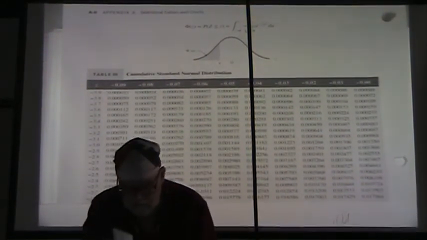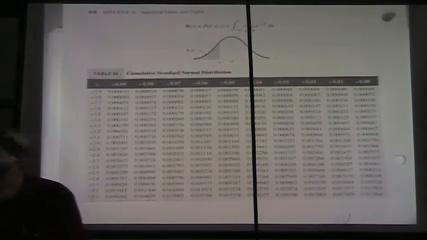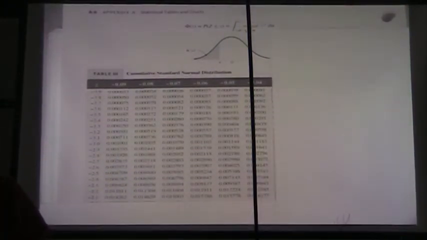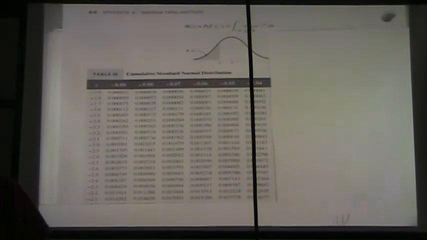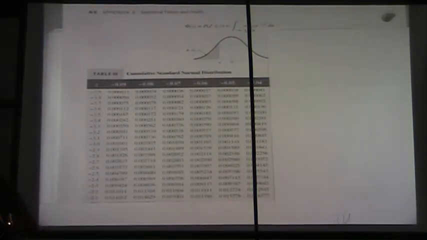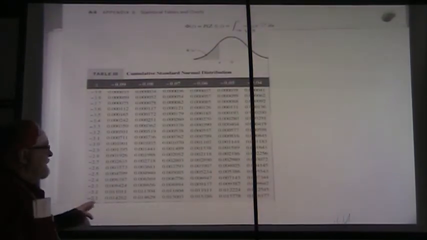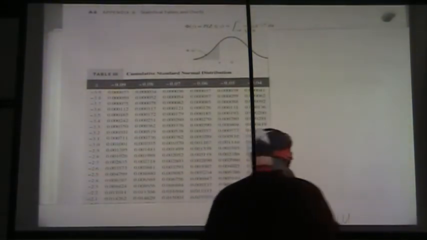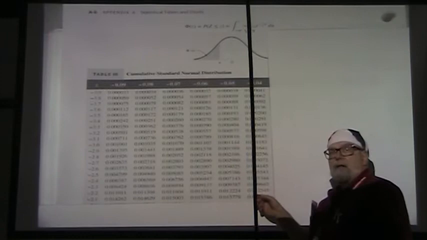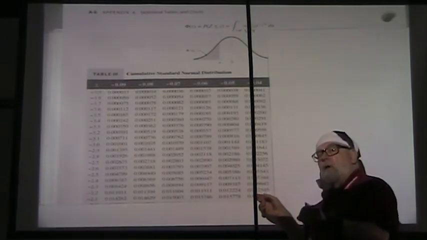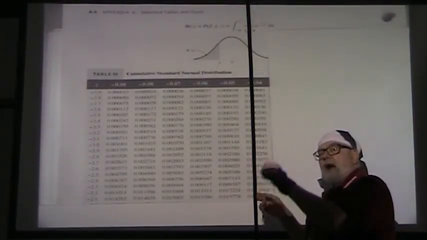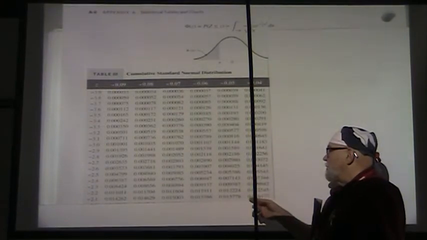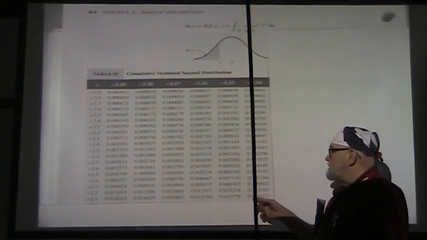So I just take another piece of paper, and now I have exactly my probability that is equal to alpha divided by 2, right? So that is 0.016177.